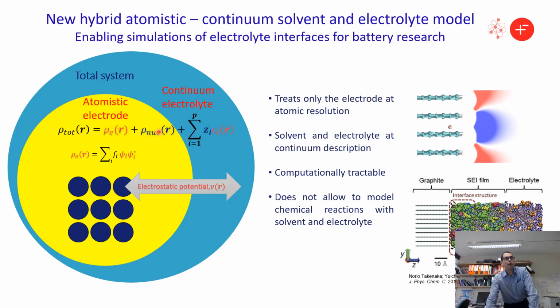We have a rigorous linking of the electrostatics and other interactions between the atomistic description of the electrode and the continuum description of the electrolyte, as you can see here. So we have a multi-scale, multi-resolution approach, which is computationally tractable and allows us to describe the physical effects, such as the double layer formation and the effect on the energy and electrostatics of intercalation, for example.